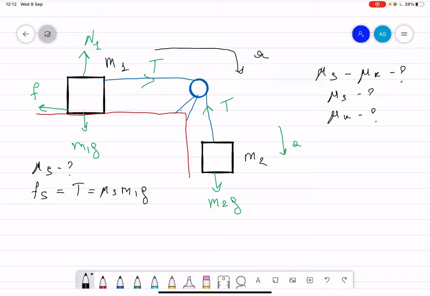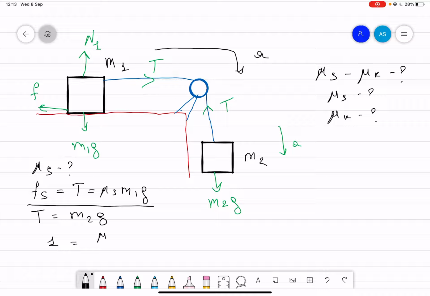Then we have tension. We also know that the tension here is equal to m2g, correct? So that means we can just divide one by the other, so that tension divided by tension gives you 1.